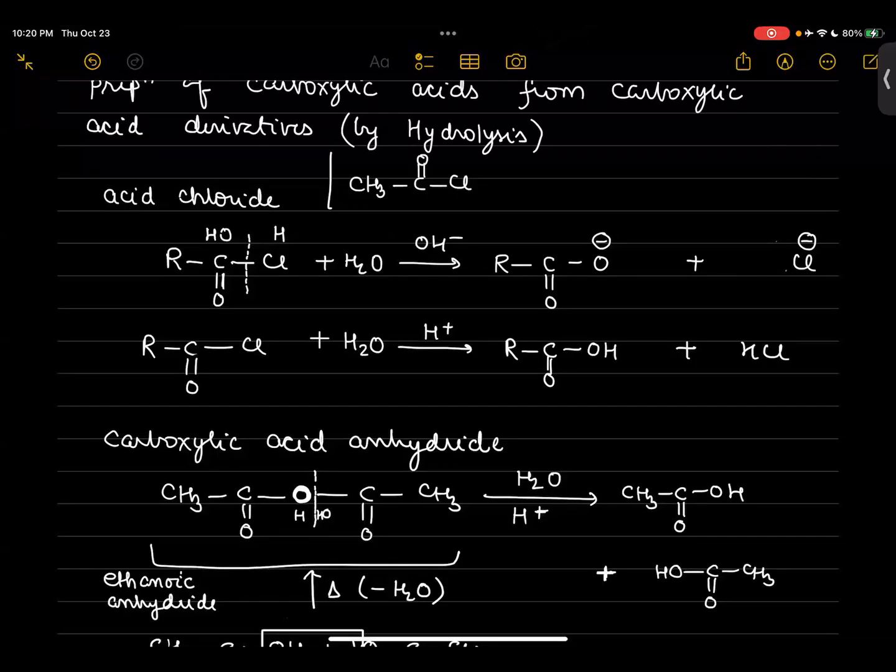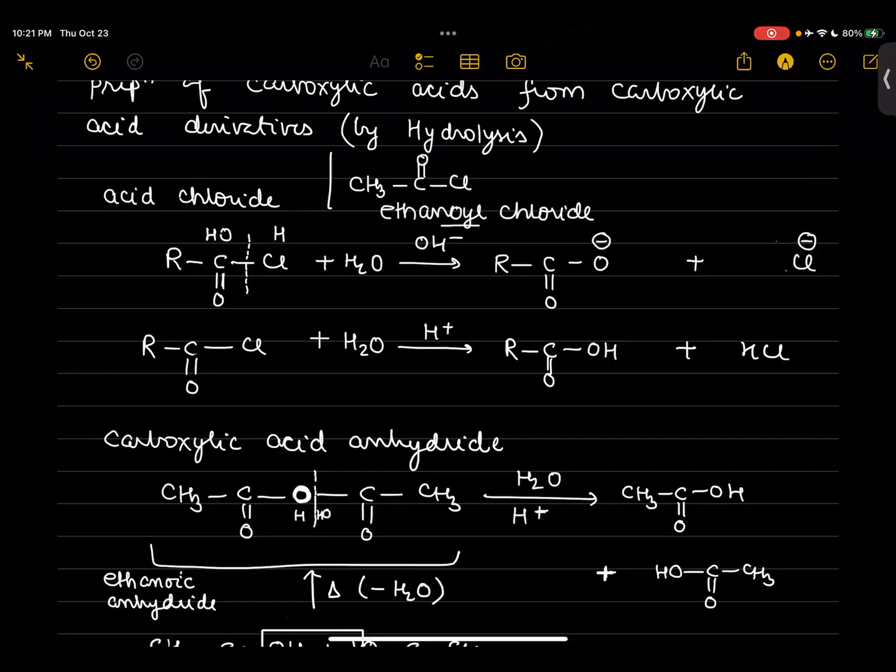The IUPAC name uses the suffix oyl, so ethanoyl chloride: eth for two carbon atoms, ane for single bond, and oyl chloride.